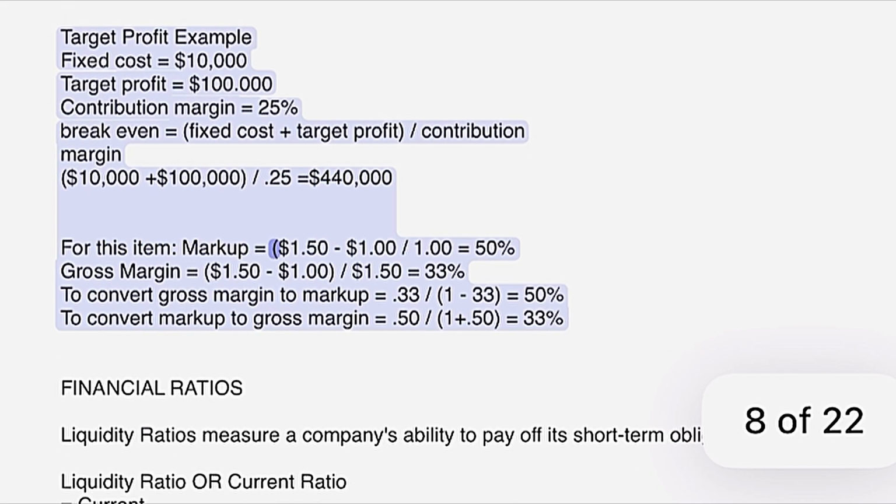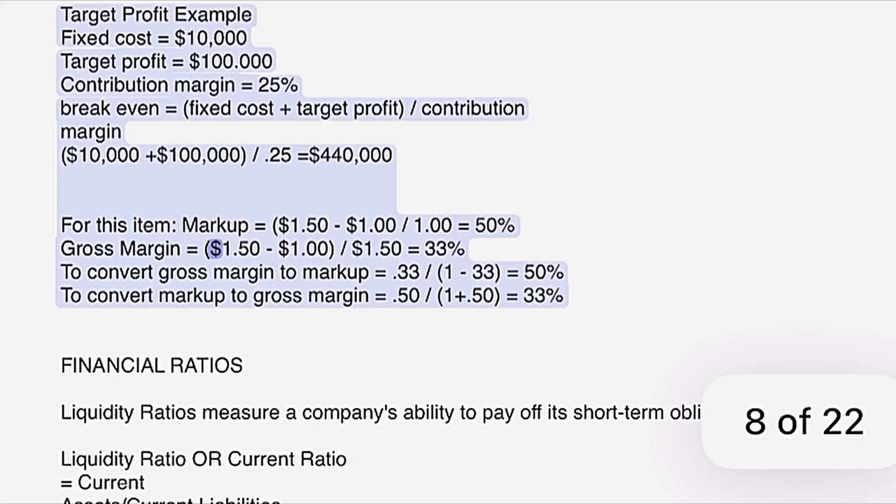Markup equal to $1.50 to $1.00 equals 50%. Gross margin equal to $1.50 to $1.00.